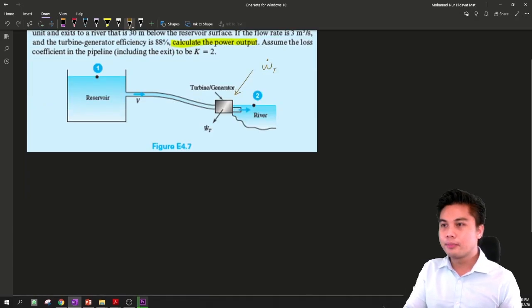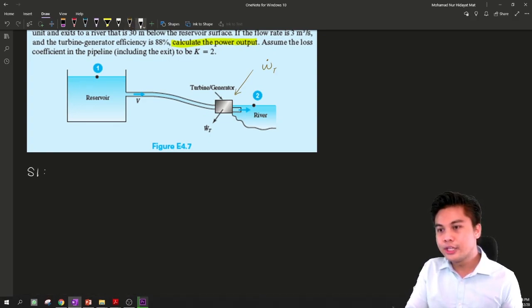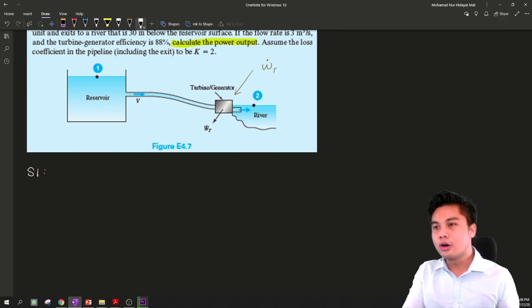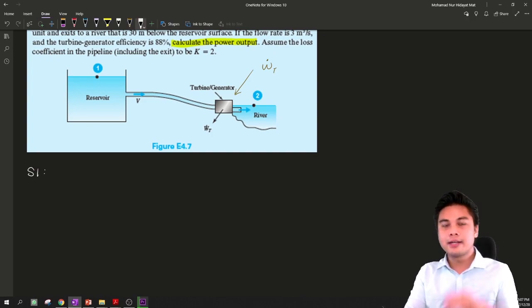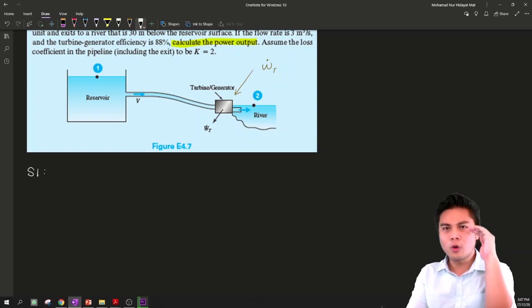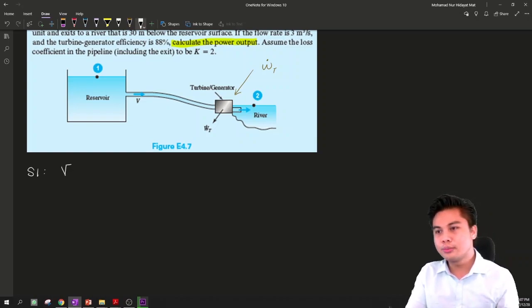So from here, step number 1, we need to list out all the properties at point number 1 and point number 2. Point number 1 is on top of the reservoir surface, so definitely the velocity is very small.